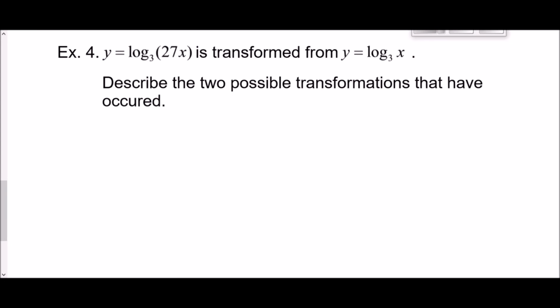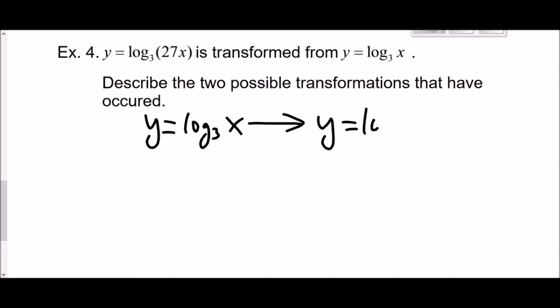This is transformed from this. So you guys are English speaking, you should be able to see that you started from this and then after that it becomes that. If you find this confusing, then I suggest you just simply write that out. So y equals log base 3 of x is transformed into y equals log base 3 of 27x.